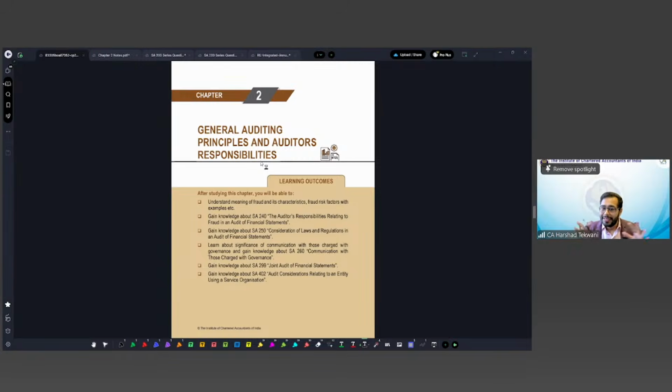So we are understanding what the auditor has to do when it is a matter of fraud, laws and regulations, and communication. Basically, we are understanding how the auditor has to deal with these areas of fraud, laws and regulations, communications, and everything.